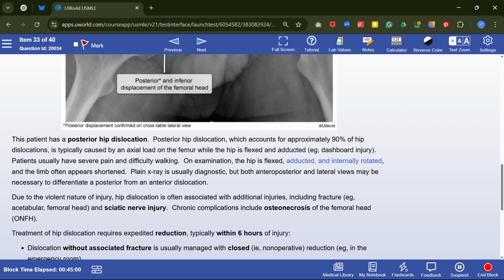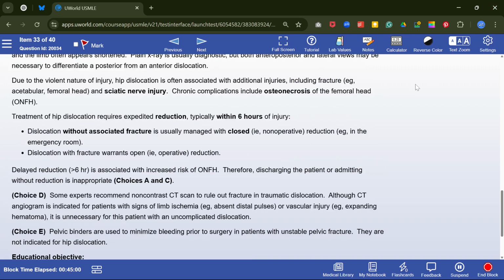Due to the violent nature of the injury, hip dislocation is often associated with additional injury, including fracture, acetabular or femoral head, and sciatic nerve injury. Chronic complications include osteonecrosis of the femoral head.